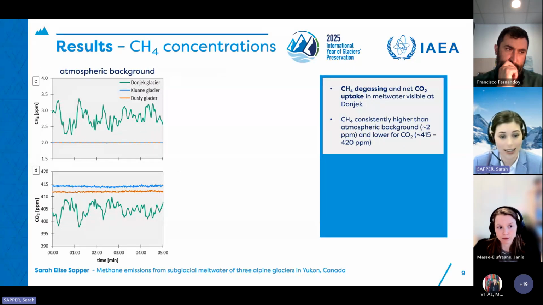Some of the results, as soon as we started up the portable greenhouse gas analyzer, in the case of Donja Glacier, here shown in green, we had very elevated methane concentrations already in the air.